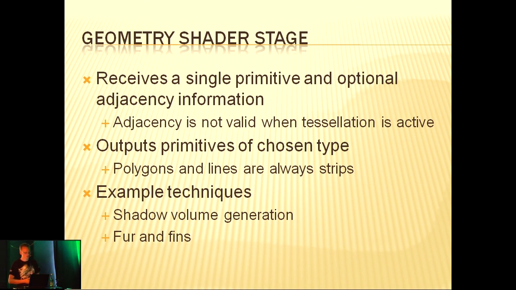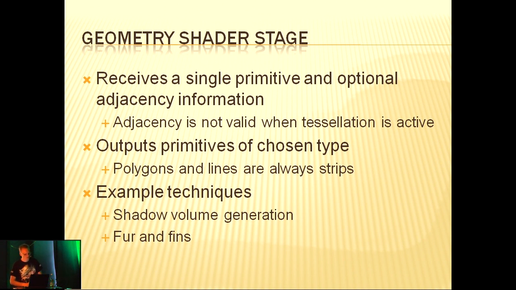It receives all the vertices of the primitive as its input, as well as optional adjacency information if requested. And this information is actually not available if you're using tessellation. So it's only usable if you do it the traditional way without using a tessellation unit, just rendering triangles and being done with it.